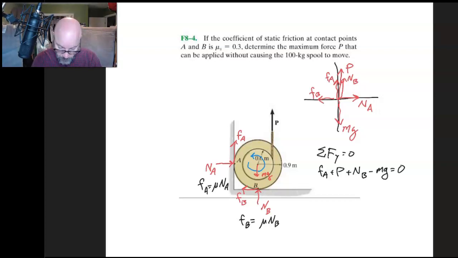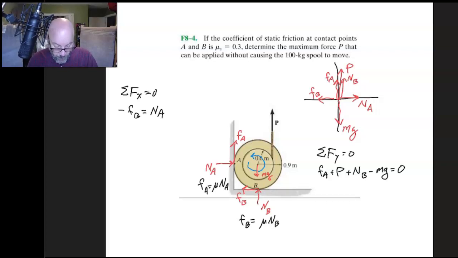Now let's look at our horizontal forces. I'm going to start them over here, because if you haven't already figured it out, this is going to get a little messy. But my horizontal forces are pretty easy to deal with since I only have two. I've got minus FB is equal to NA, just like that.